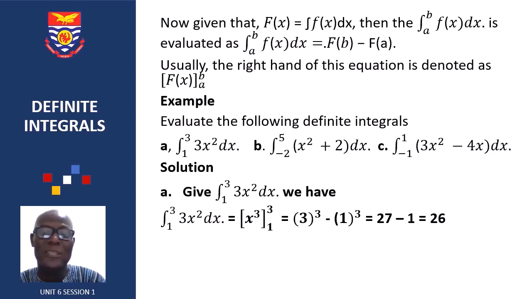Then we put in the upper limit minus the lower limit. So this gives 3 to the power 3 minus 1 to the power 3. 3 to the power 3 is 27. 1 to the power 3 is 1. When we take 1 from 27, the answer is 26.